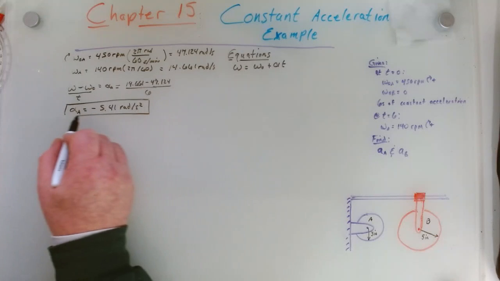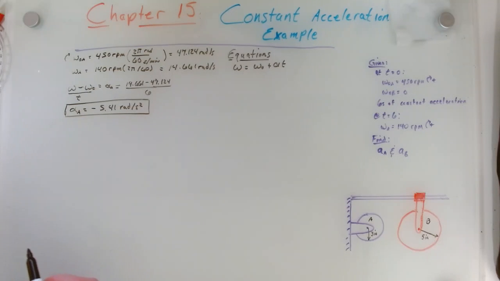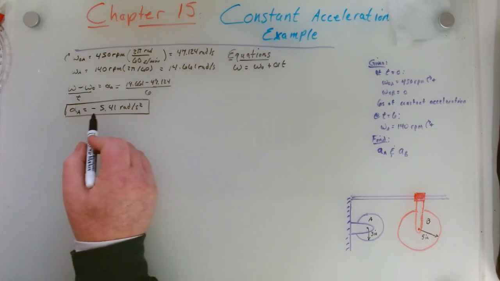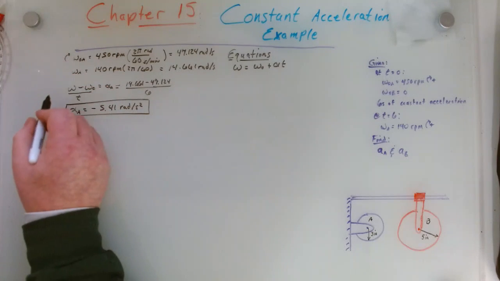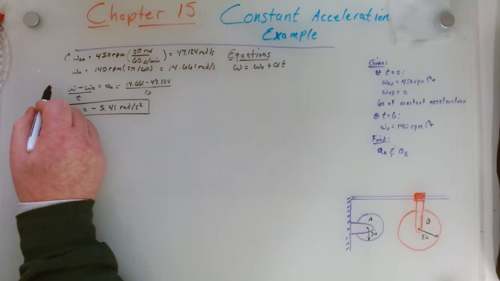Let me just verify that I got that right in my notes. Oh, and notice that if we're going to say minus, then we need to define something as the positive direction.